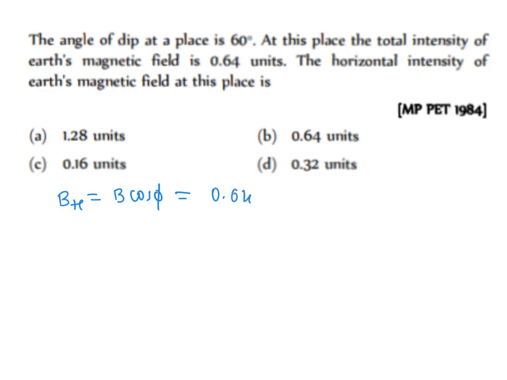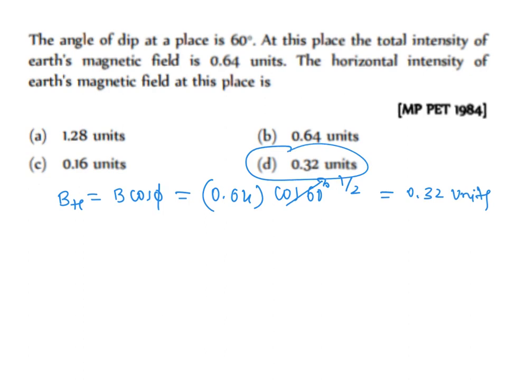So this is 0.64 into cos 60 degree. Cos 60 is 1 by 2, so it is 0.32 units. Which option is correct here? Option D is the right answer for this particular question.